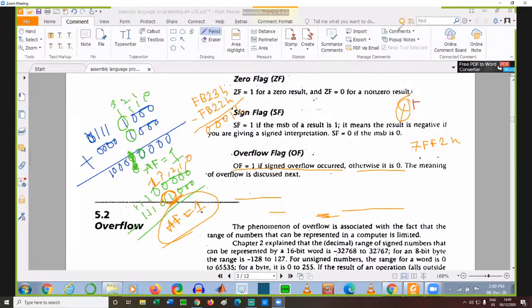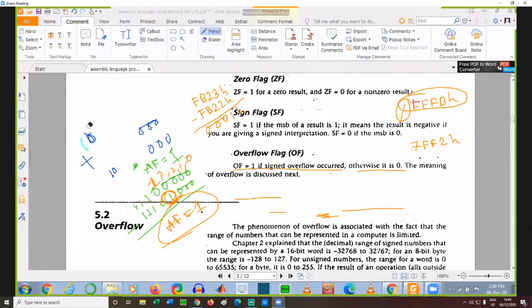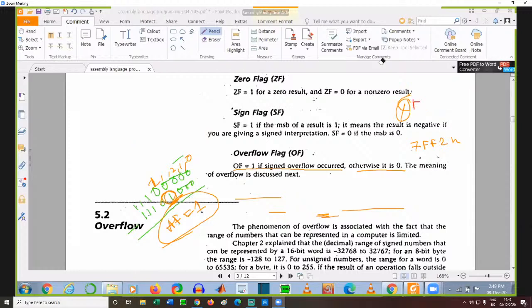How can you understand that? Sir, there are some ranges of bits. Yes, can you say what is the signed range for an 8-bit number?